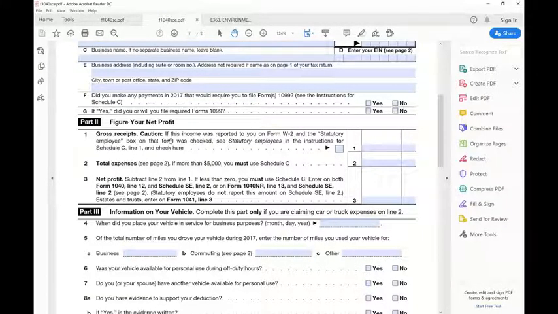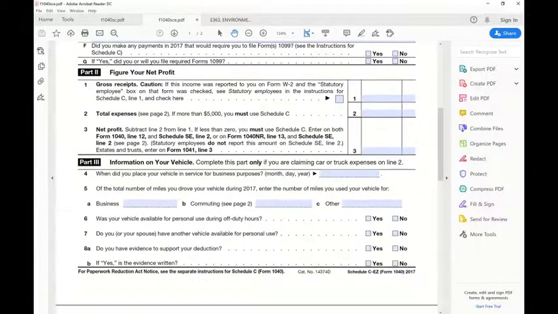We have gross receipts, and a caution: if this income was reported to you on Form W-2 and the statutory employee box on that form was checked, see statutory employees in the instructions for Schedule C, line 1, and check here. And then we have total expenses, so we don't give all the details about the expenses. It's just one line. And then the net profit, which is the difference between gross receipts and total expenses.